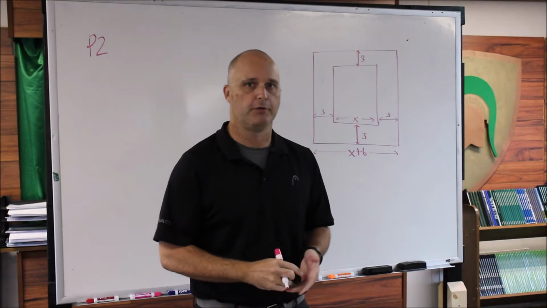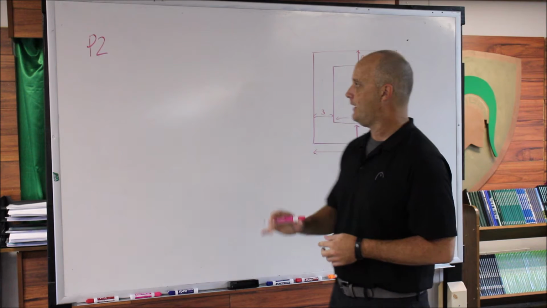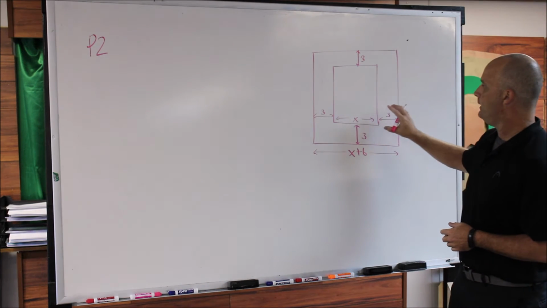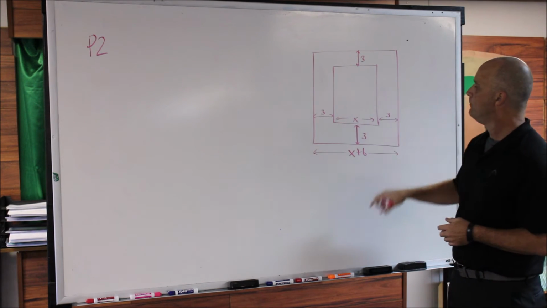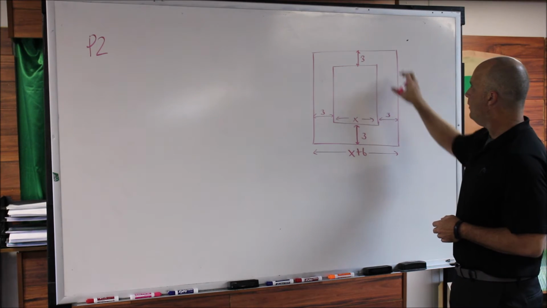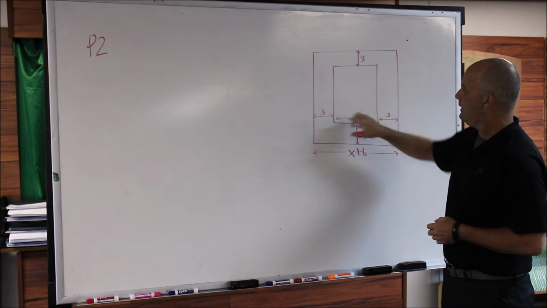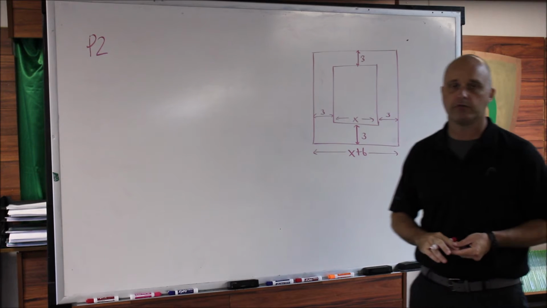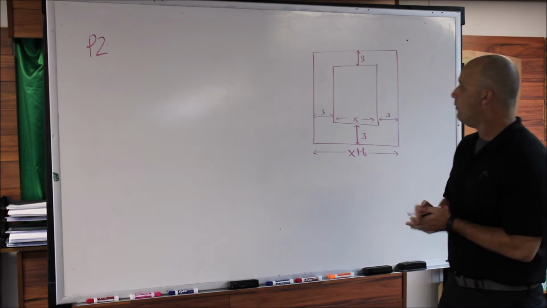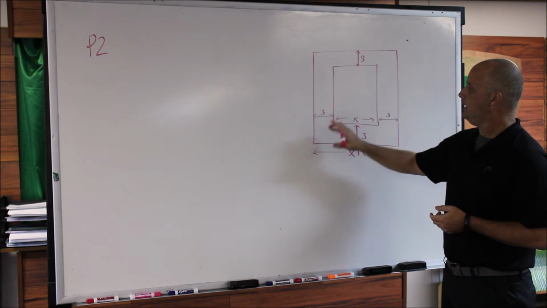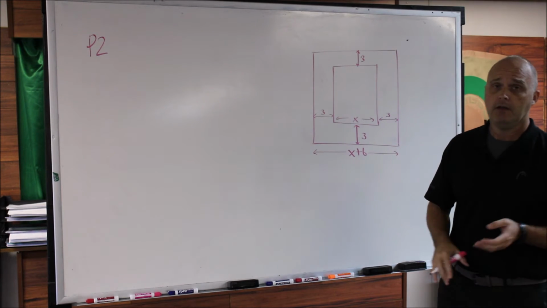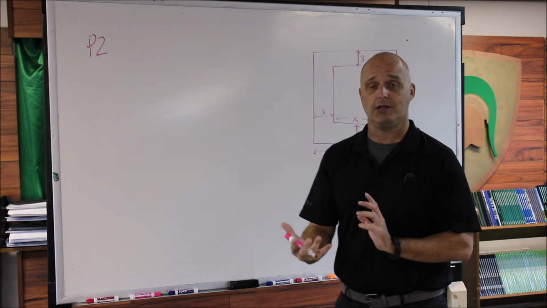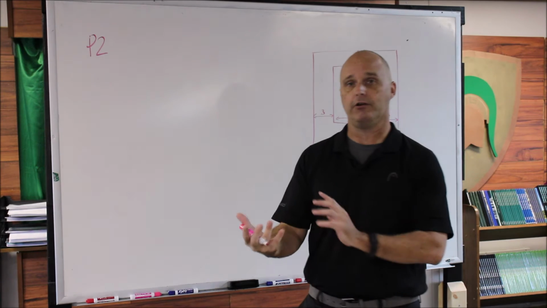Again, for problem number 2, we're going to be looking at a word problem. In this case, we're given that an outdoor patio is surrounded by a walkway. The walkway is 3 feet all the way around, and both the patio and the walkway that go around it are squares. And so what we want to do is figure out what is the area of the walkway. So again, you want to conceptualize this and think about what exactly you are doing.